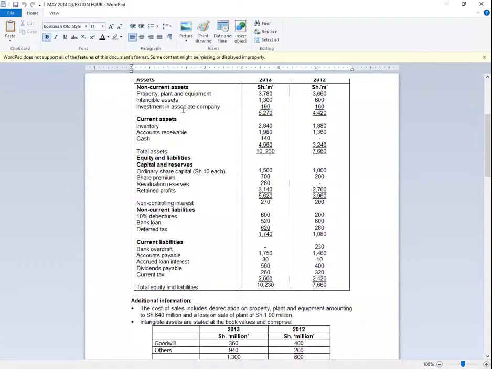Is there somebody who can calculate the dividend for me? The dividend from the associate.